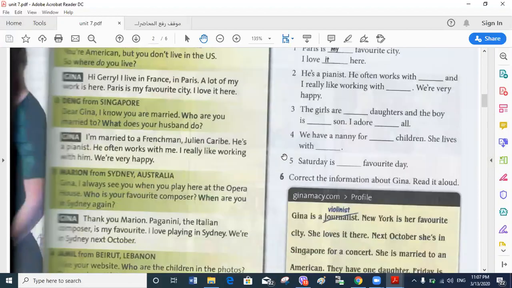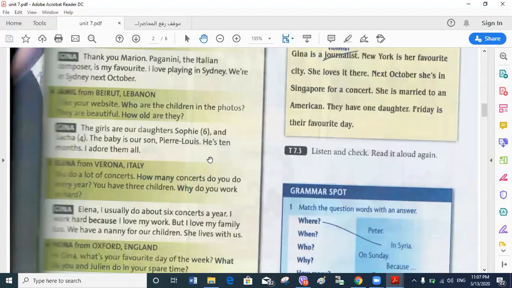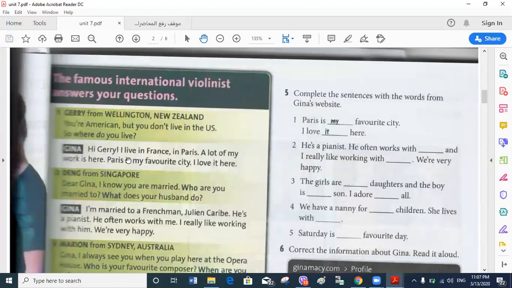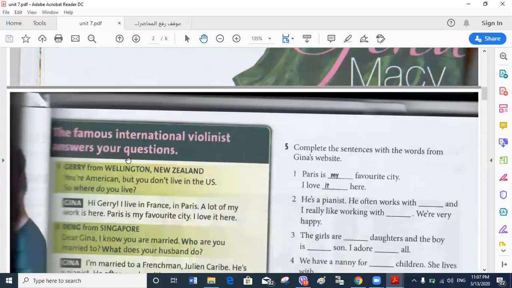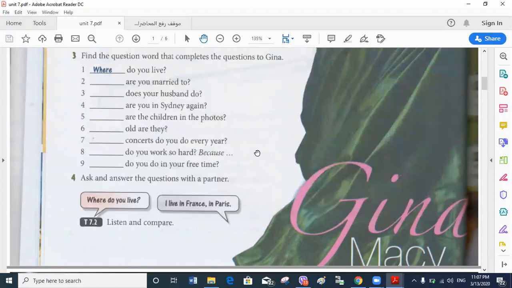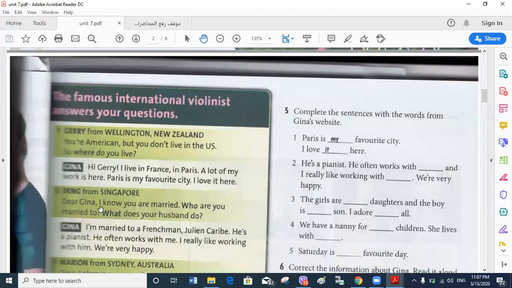If you go to the next page and read the conversation between the violinist Gina Macy and other people.